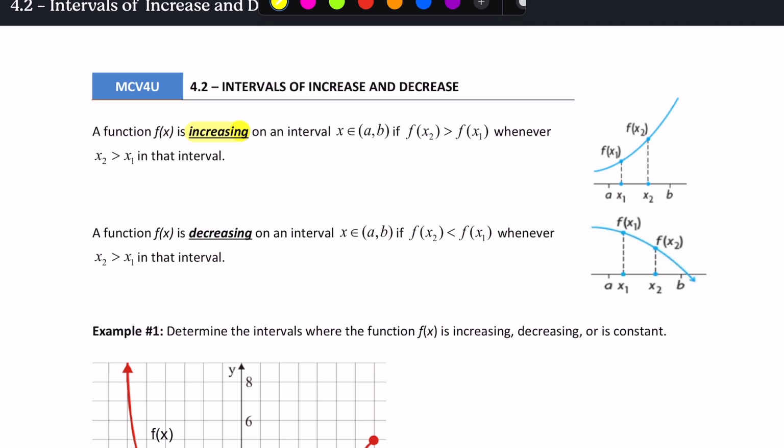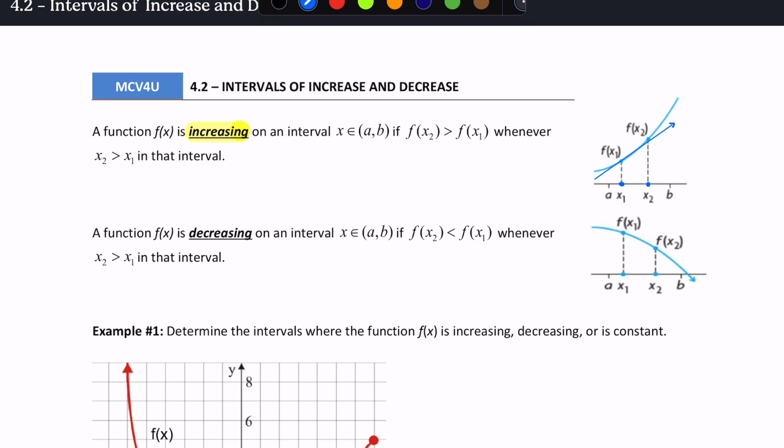Another way to see that is that if we look, there are 2 points at x1 and x2. We see here that the slope is greater than 0, or positive.